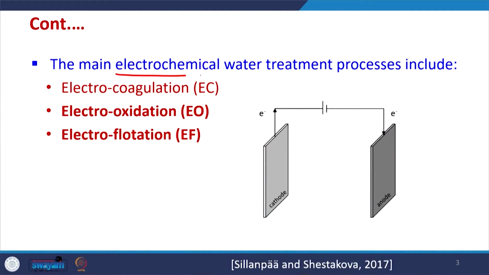In the previous lecture, we understood that electrochemical water treatment technology incorporates three different methods: electrocoagulation, electro-oxidation and electro-flotation. We studied the electrocoagulation process in detail in the previous lecture.